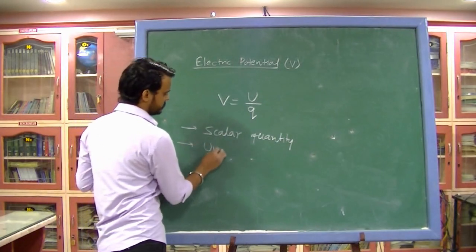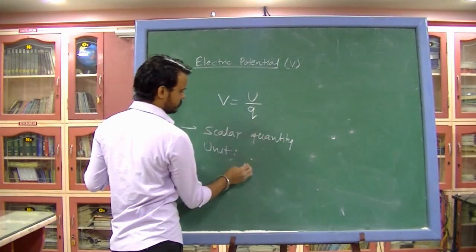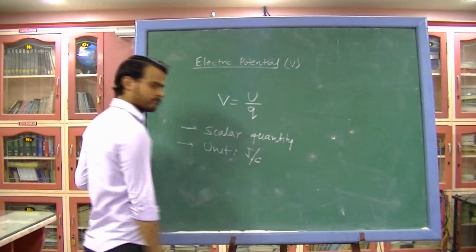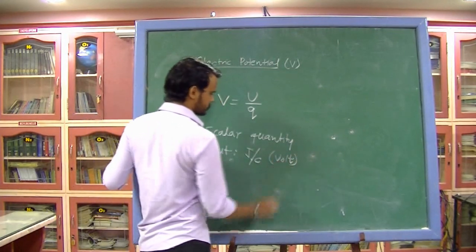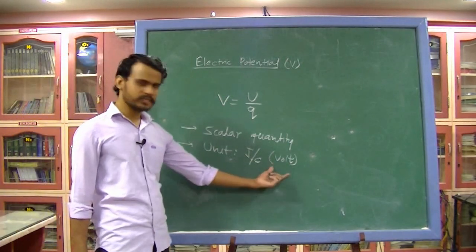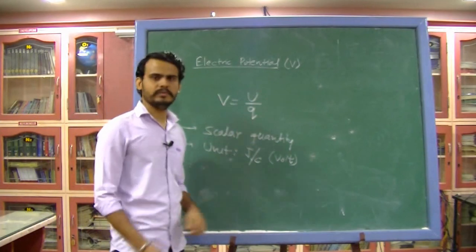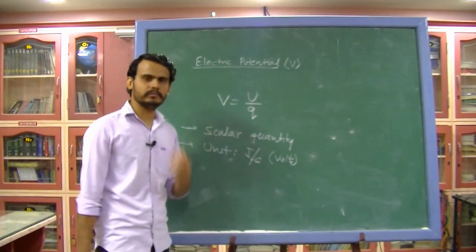Second, let us talk about the unit of electric potential. The unit of electric potential can be written as joule per coulomb, and the name given to this unit is volt. So the SI unit of electric potential is joule per coulomb, which is also called volt. Potential is defined as potential energy per unit charge. This is the simplest definition, apart from the one given in the book which I have dictated.